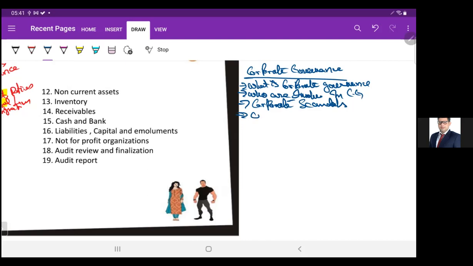Then we will look at the OECD principles of corporate governance.